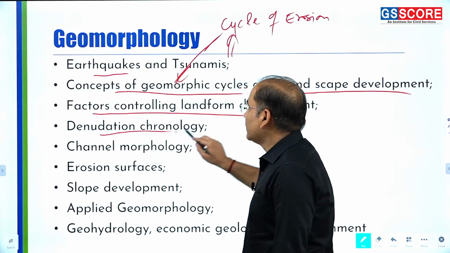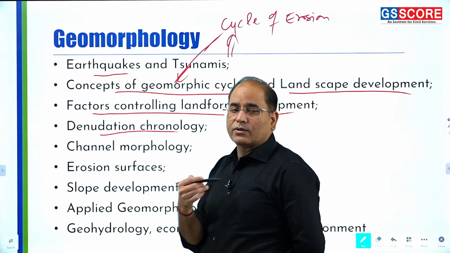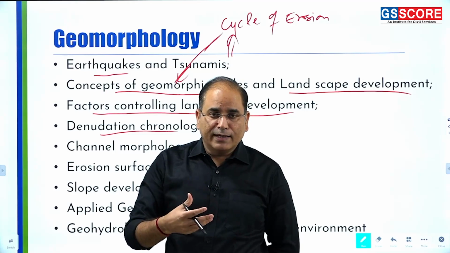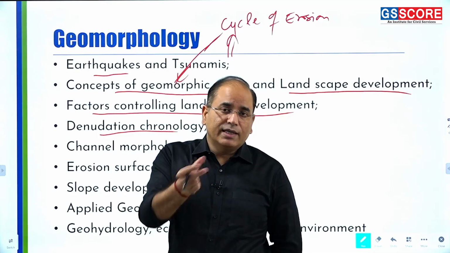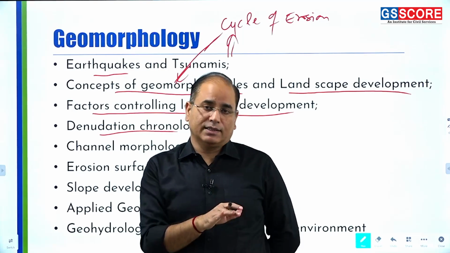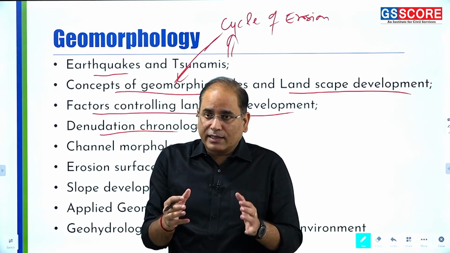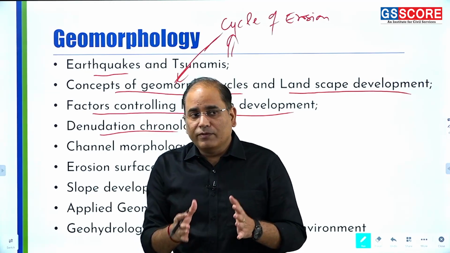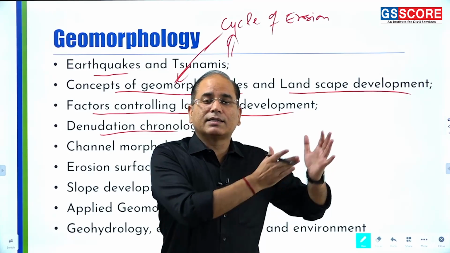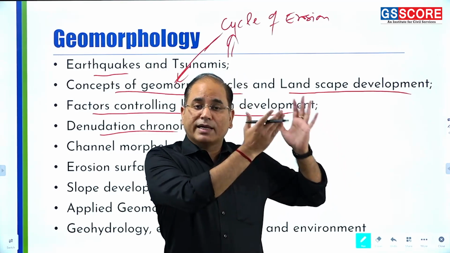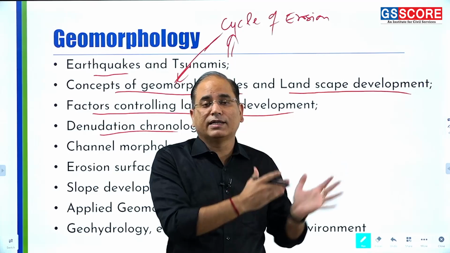Then comes denudation chronology. Denudation chronology is a method to reconstruct the geological history. Based on some of the phenomena that are happening today, we try to reconstruct the history of the phenomena that might have taken place in earlier time periods.